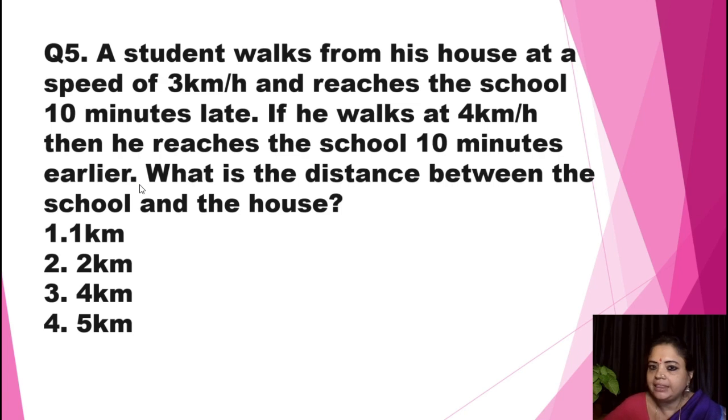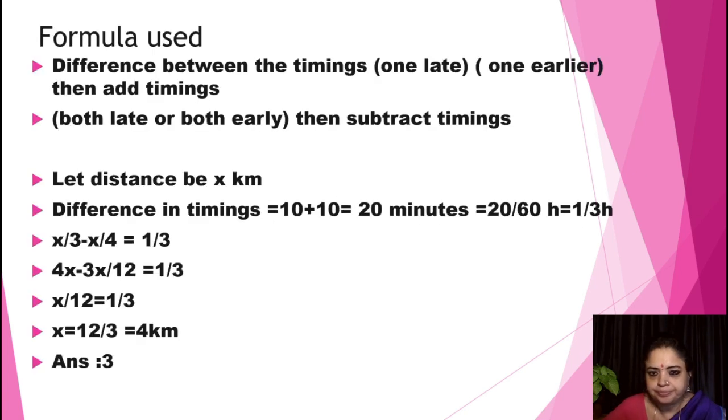So how to deal with this type of problems? You can see here the formula used, that is you have to calculate the difference between the timings. In this type of problem, if one is later and one is earlier, then you need to add the timings.